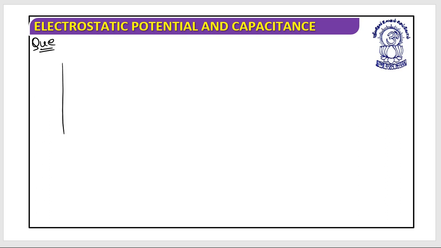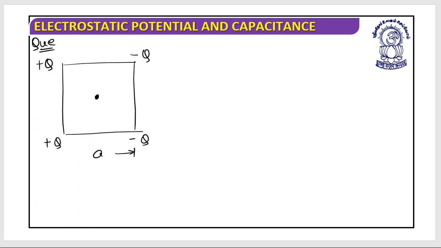Let's say this is plus Q, this is minus Q, this is plus Q, this is minus Q, and their separations are a.